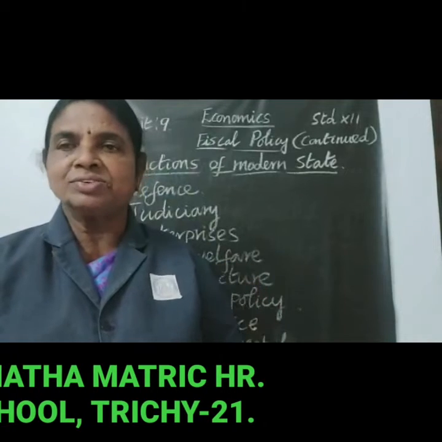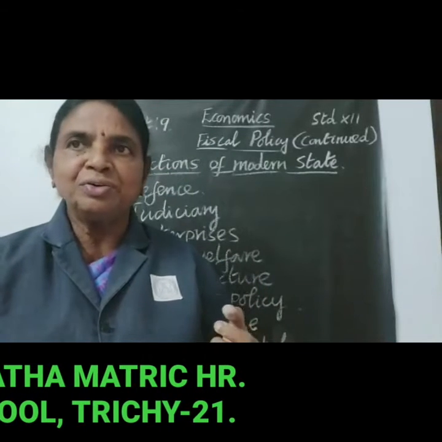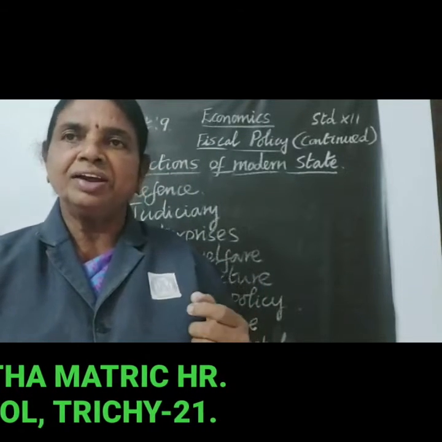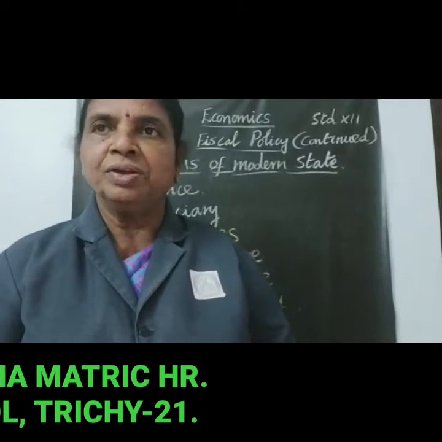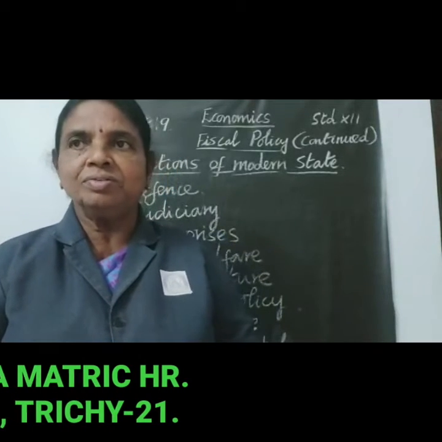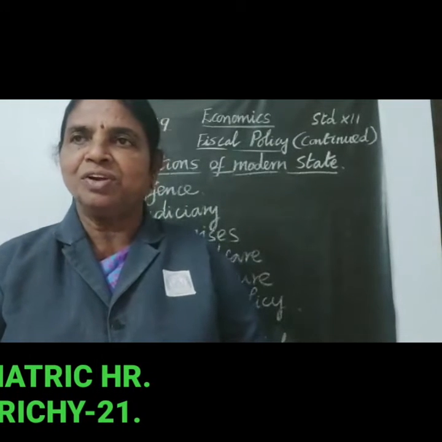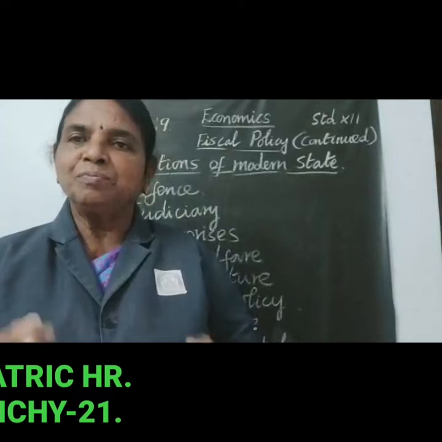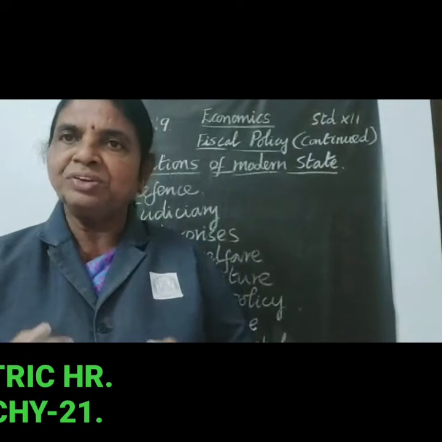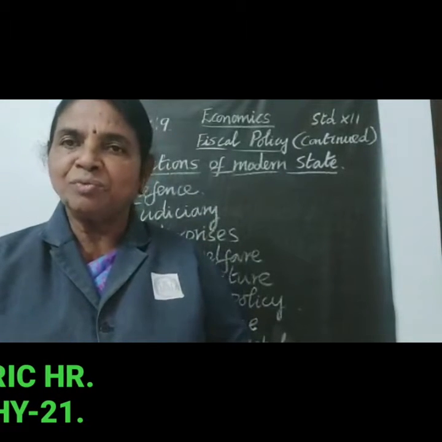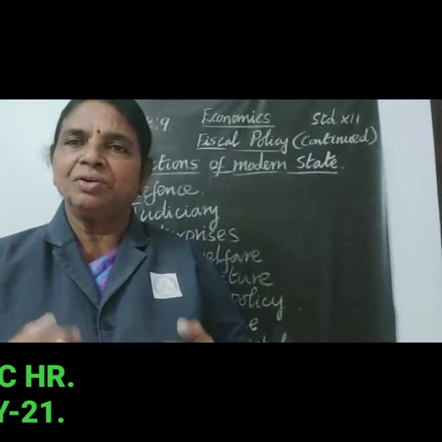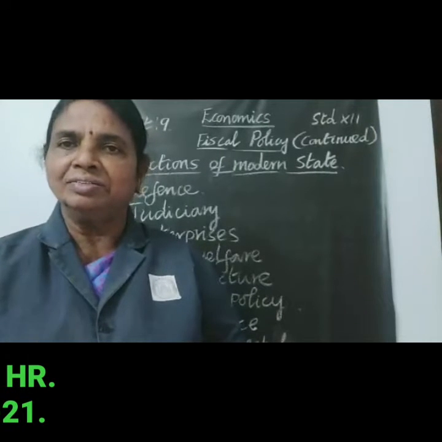So the government has to take control over private enterprises also. And the government has to own certain enterprises and operate them successfully so that the people may benefit a lot and the economic growth of the country can go higher and higher.